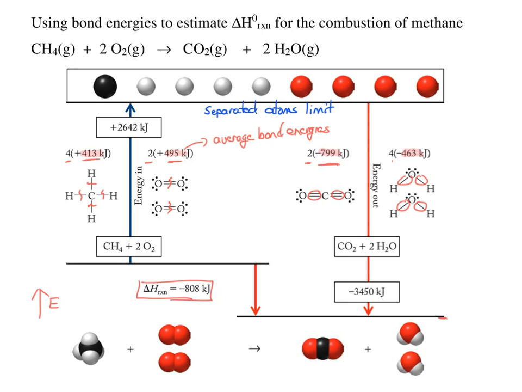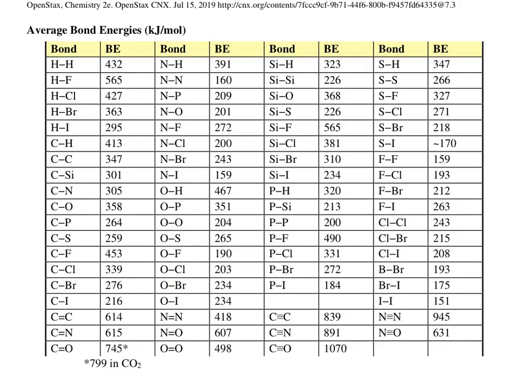Same thing occurs with the carbon-hydrogen and oxygen-hydrogen. All of these bonds, they're average bond energies that were obtained from thousands of compounds. This is a table of average bond energies that can be used to estimate the heat of reaction.